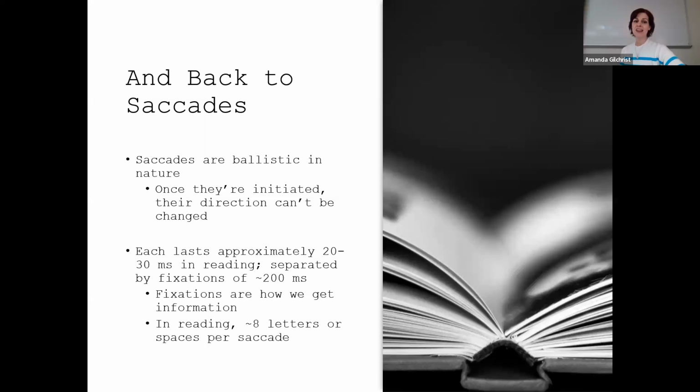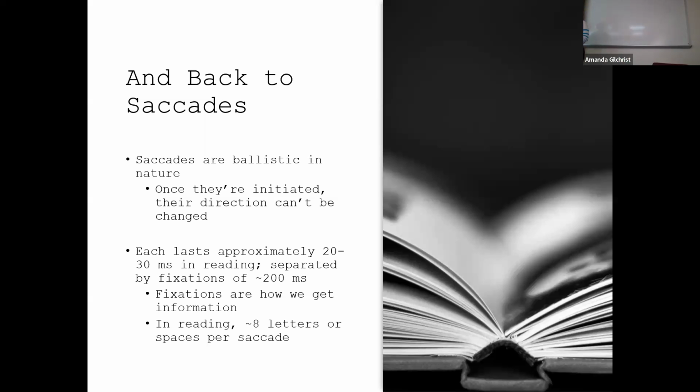Okay, back to saccades. Many of you have heard of the term ballistic. We're not talking about the ballistic where somebody gets really upset. We're talking about ballistic as in a ballistic missile. It is a pattern of movement, and saccades are ballistic in nature. Basically, when something is ballistic, that means once it is initiated, it cannot be undone.